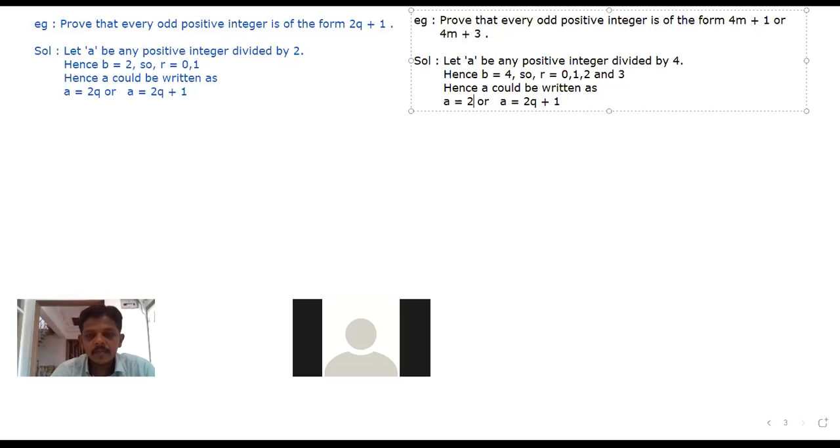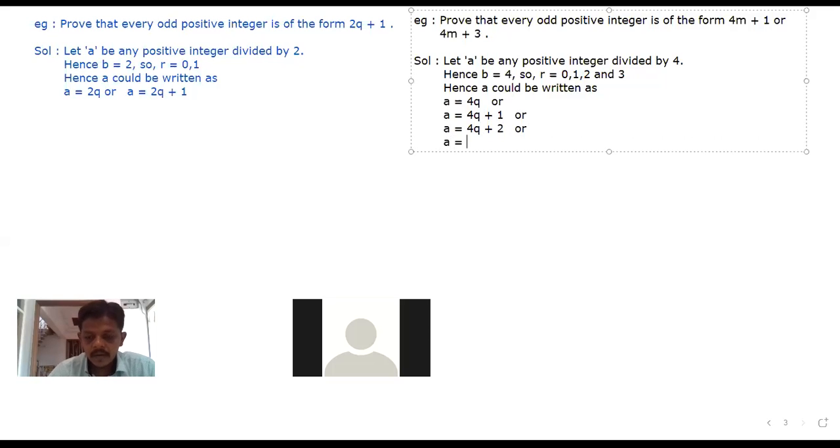So how can you write a? a will be 4q, not 4m. 4q, or a would be 4q plus 1, or 4q plus 2, or 4q plus 3.